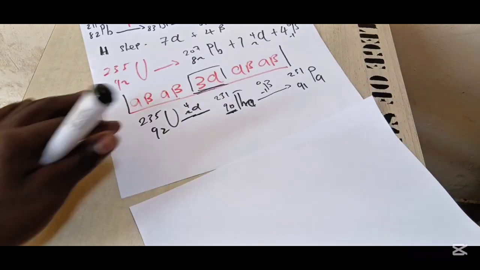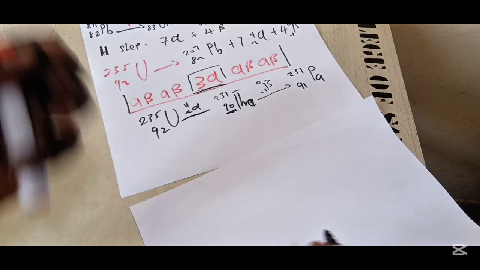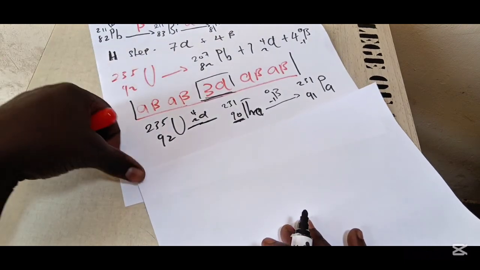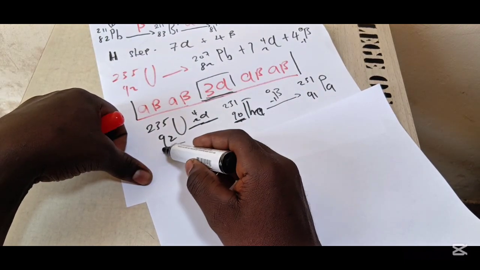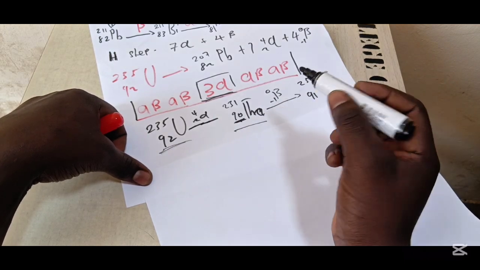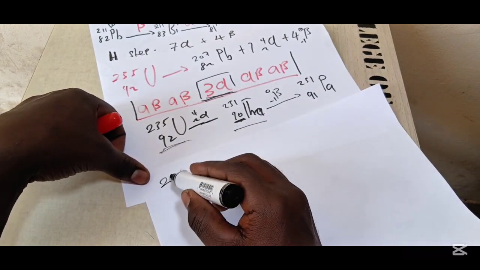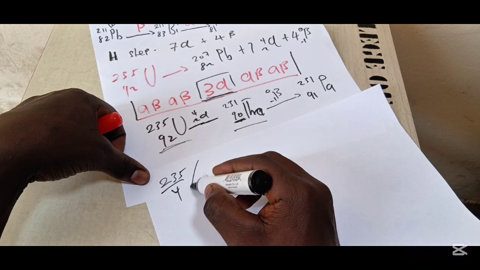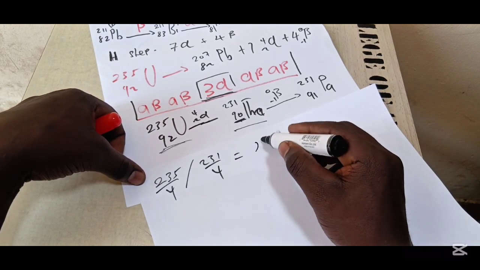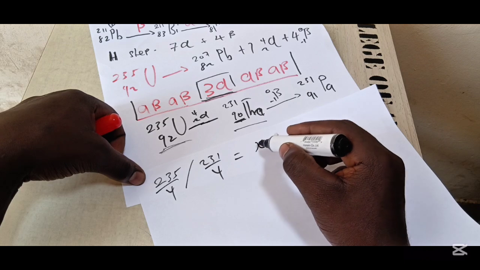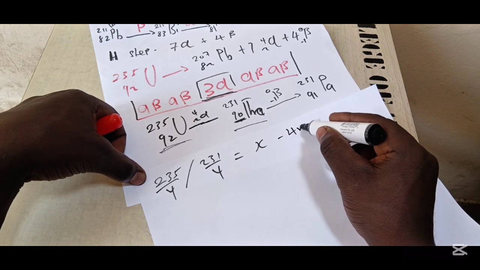So why is this decay series a 4n plus 3 series? Well, just take the mass of any of the nuclides, either uranium or thorium, and divide it by 4. So either 235 by 4 or 231 by 4. If you get an exact whole number, then it's a 4n series.